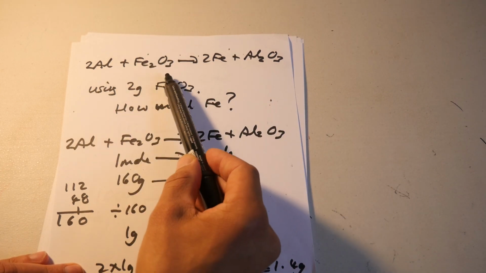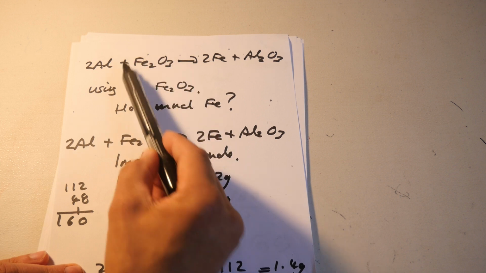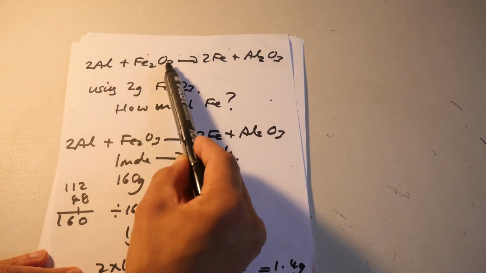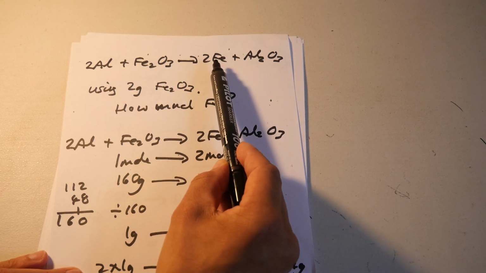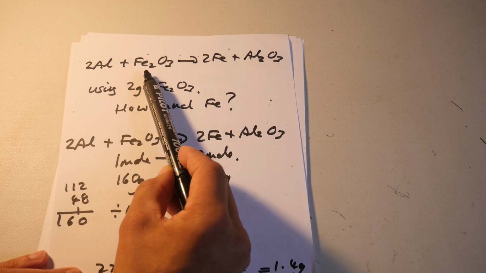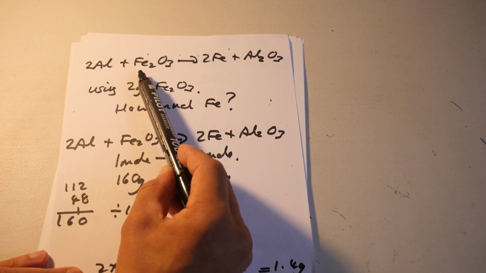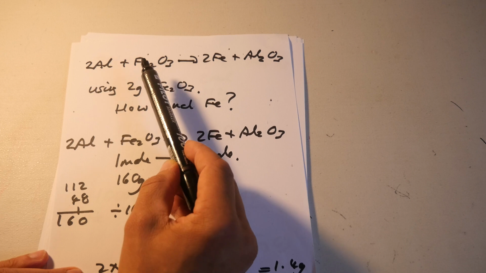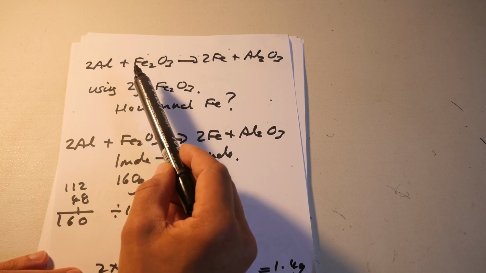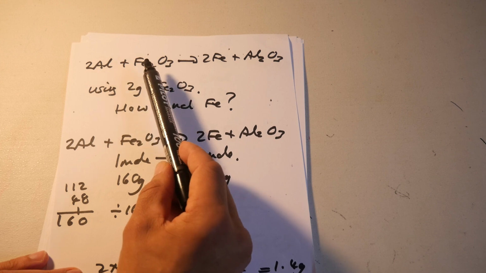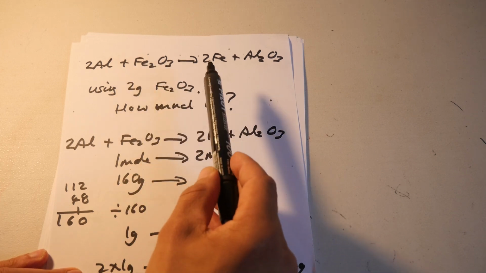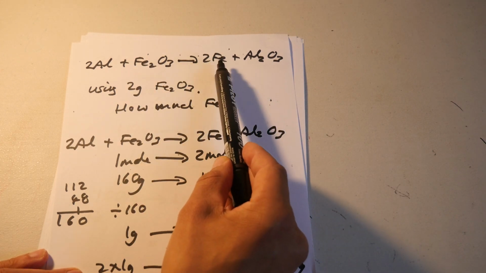If you have, say, 100 grams of this, or if a factory has 50 tons of this, you can work out how much of this you'll get, okay? There's 1,000 kilograms in a ton, so 50 tons will be 50,000 kilograms.